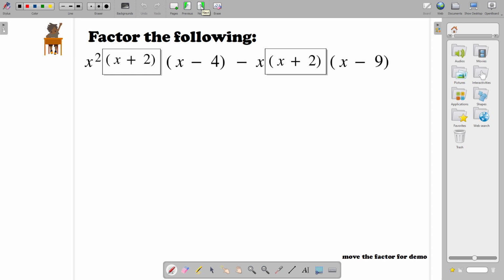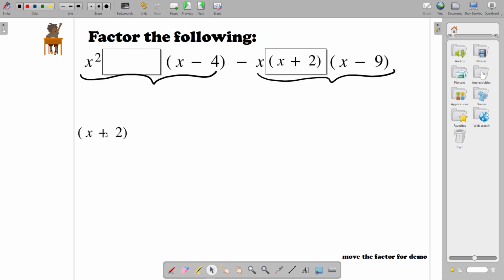Okay, here's another example. We need to realize that all of this is being multiplied together. All of this is being multiplied together. The thing that is common to this set and this set is the x plus 2. So if I take the x plus 2 and take it out, I have to take it out from both. Then we look at what's left.